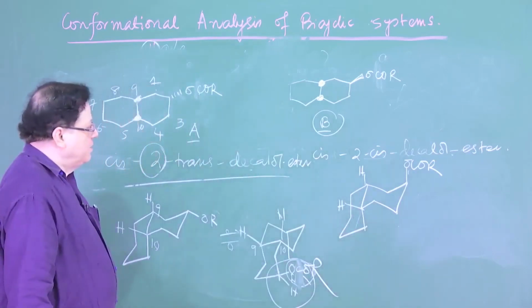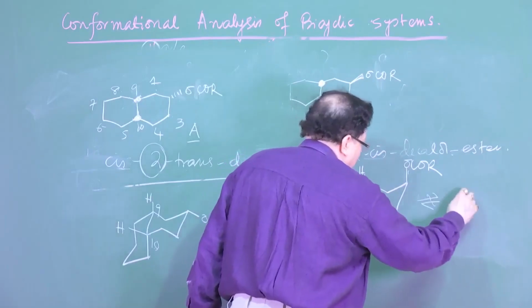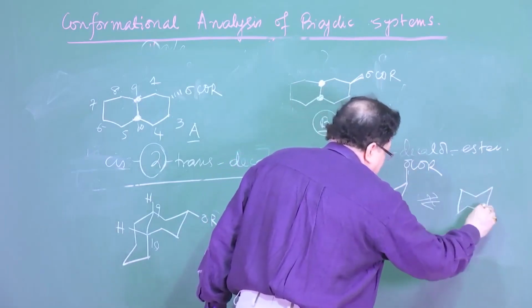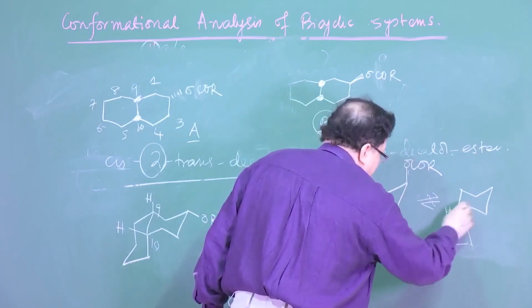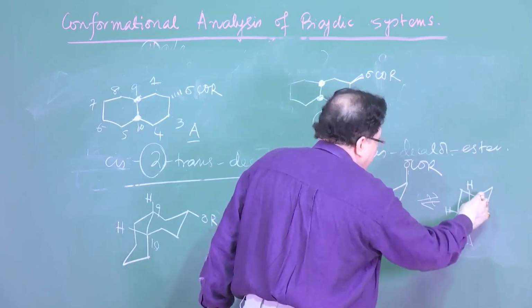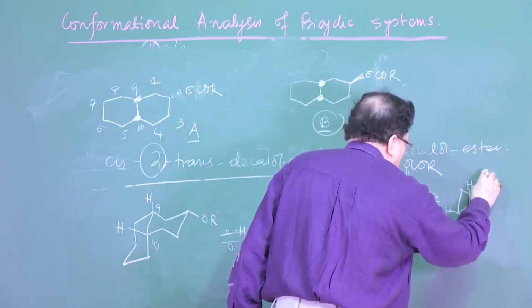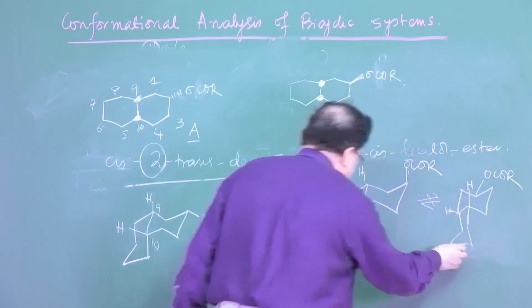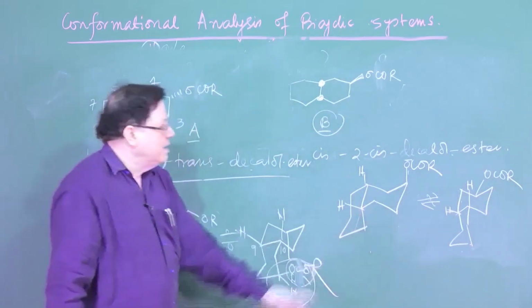Okay. So, this is one, and the other one, the flip form, will be, okay, and your OR will be on this side, CH2 then OCOR. So, these are the two forms. Okay. This is definitely will be more, that is less.